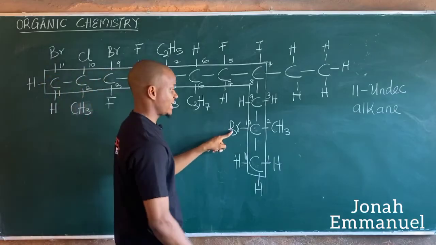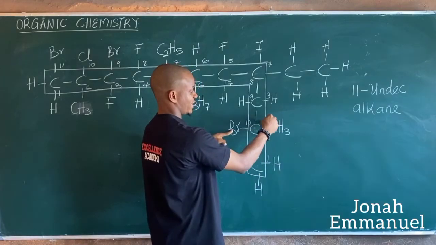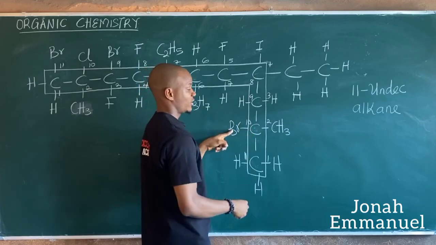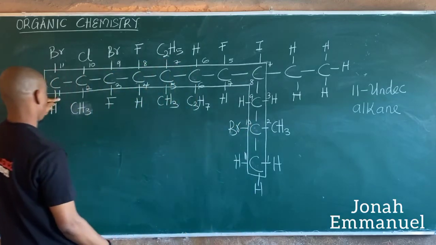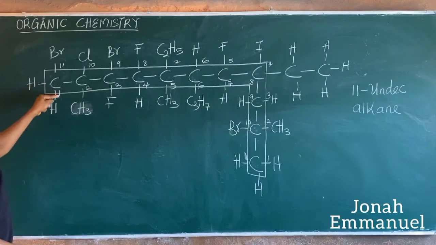This bromine here is at carbon 2 from upper numbering and carbon 10 from lower numbering. So 2, 10, 1, 11. My least possible number here is obviously 1.